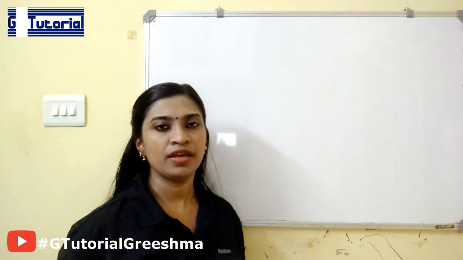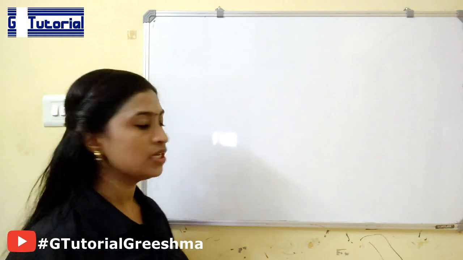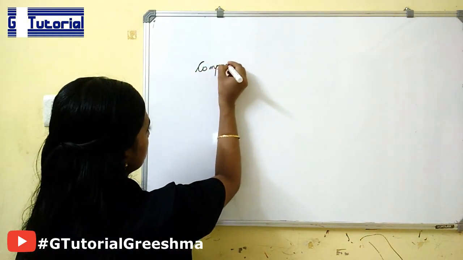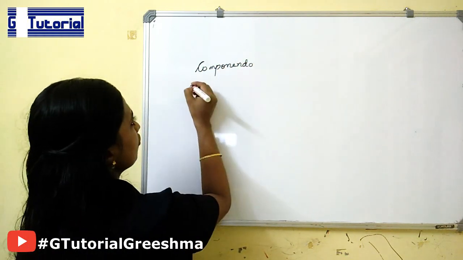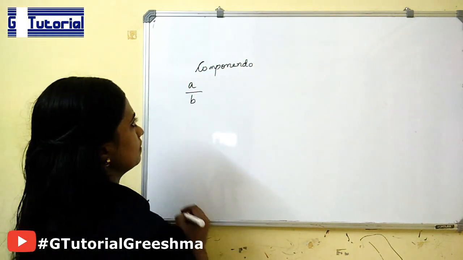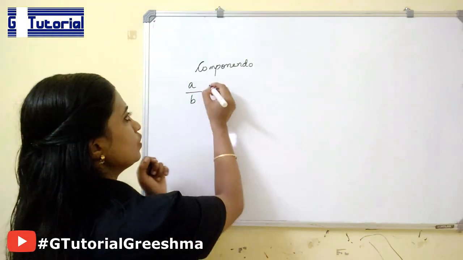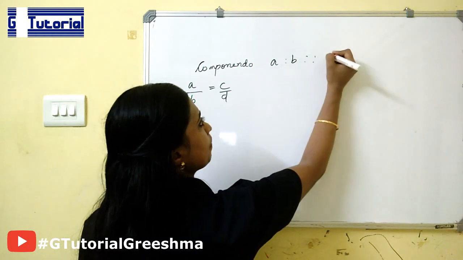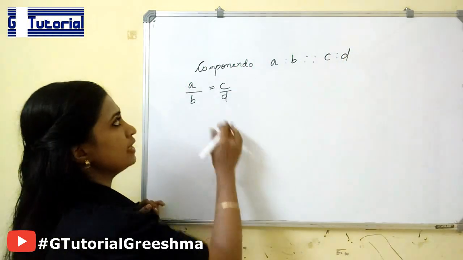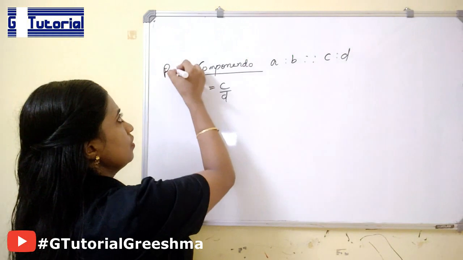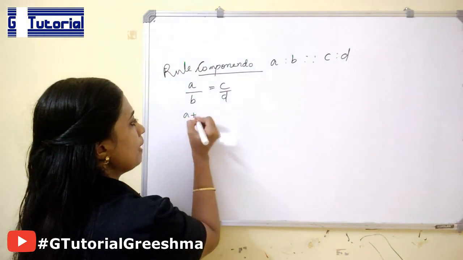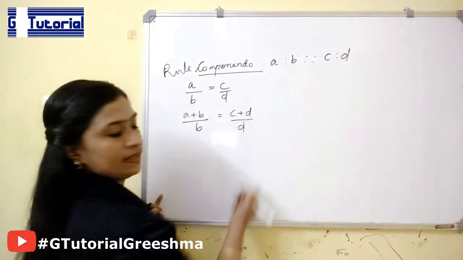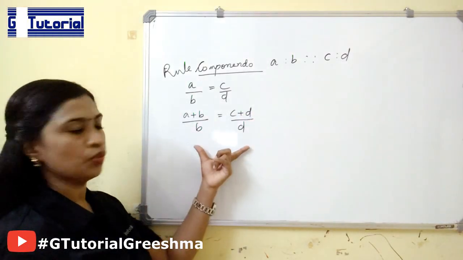Next important property concerning proportion is, first, componendo. If A by B is equal to C by D, or A is to B is in proportion with C is to D, then the componendo rule is A plus B by B is equal to C plus D by D. This is the componendo rule.